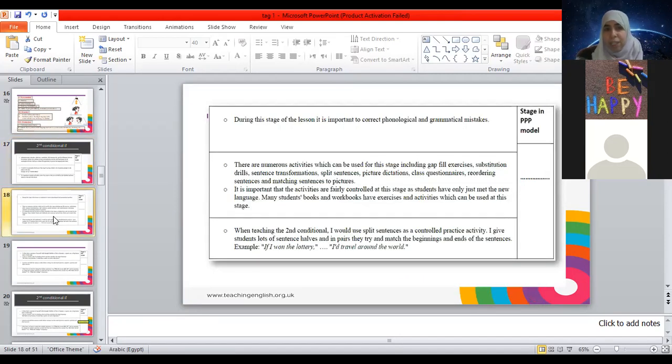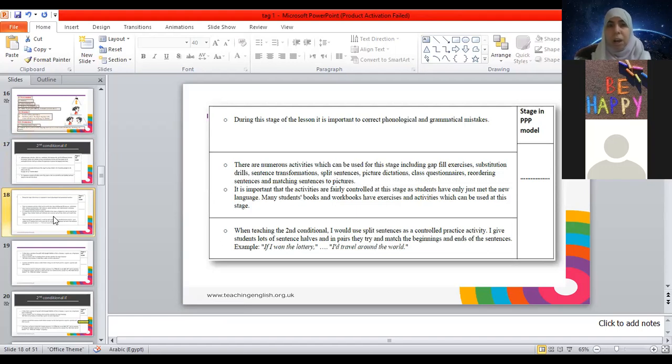So during this stage of the lesson, it's important to correct phonological and grammatical mistakes, and we have a lot of activities. Practice. Yes, that's right. And we have an explanation here of an activity called split sentences, with the second conditional.